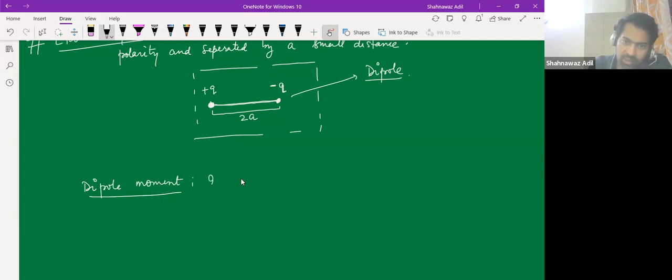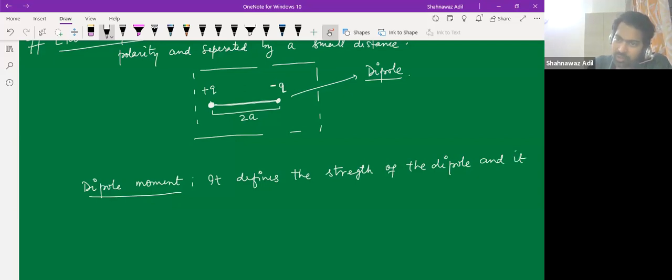So it defines the strength of the dipole, and it is equal to the product of charge and the separation.